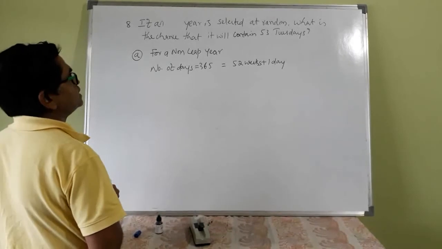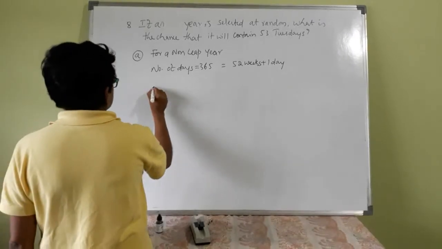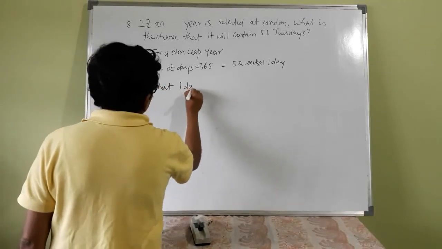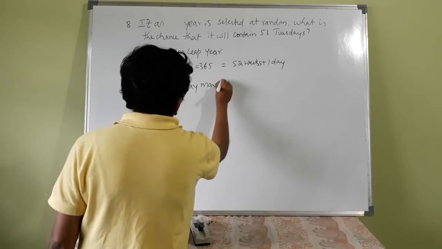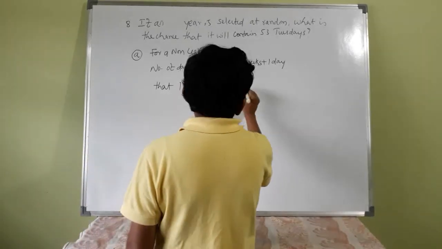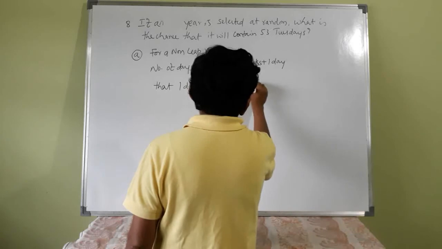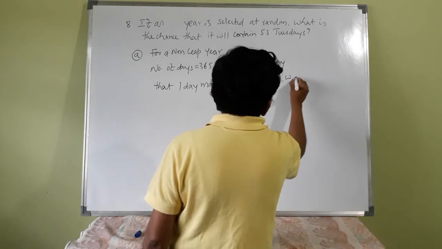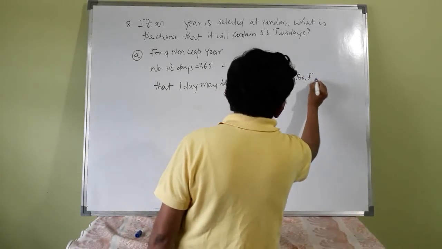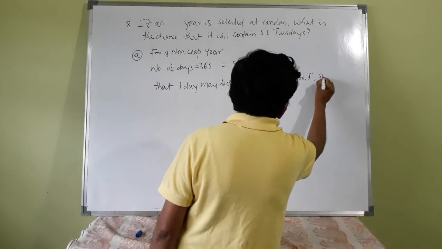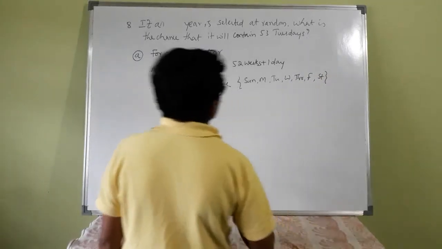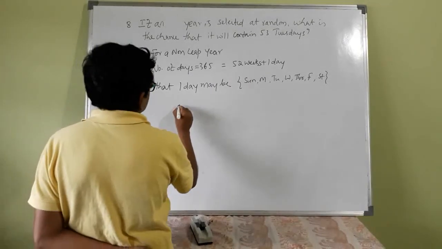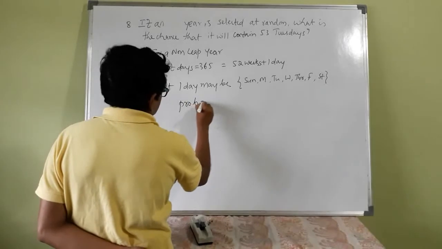That 1 day may be Sunday, Monday, Tuesday, Wednesday, Thursday, Friday or Saturday, isn't it? So out of 7 you can select any one, so the probability is 1 by 7.